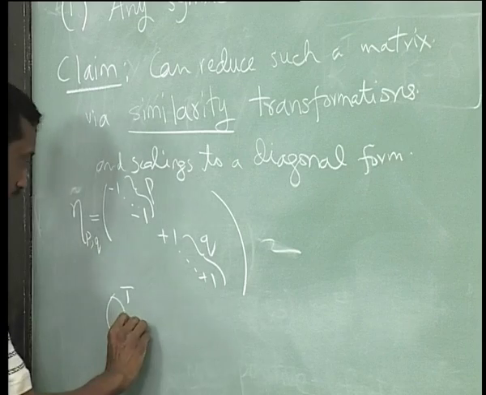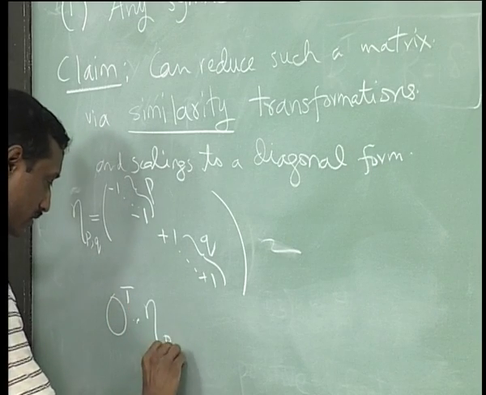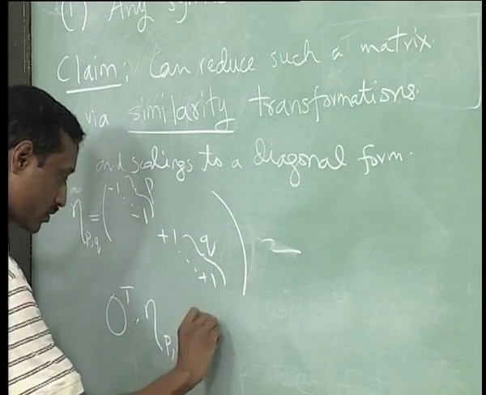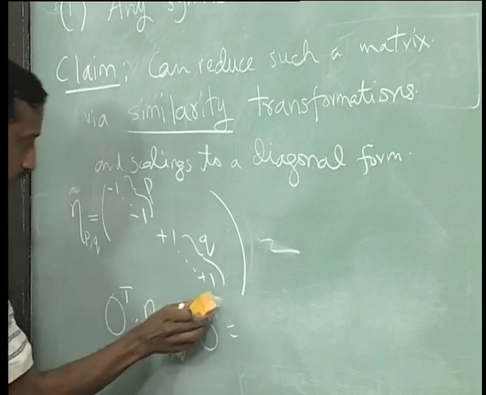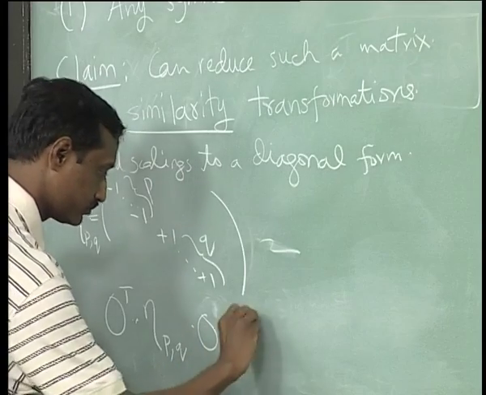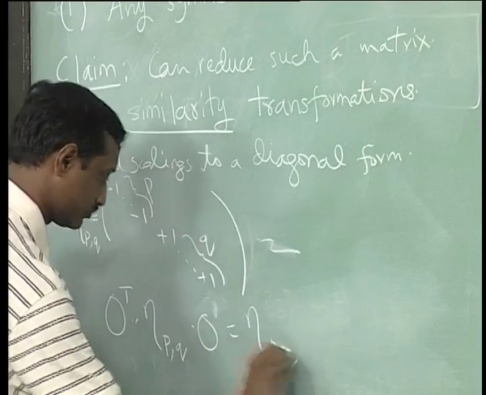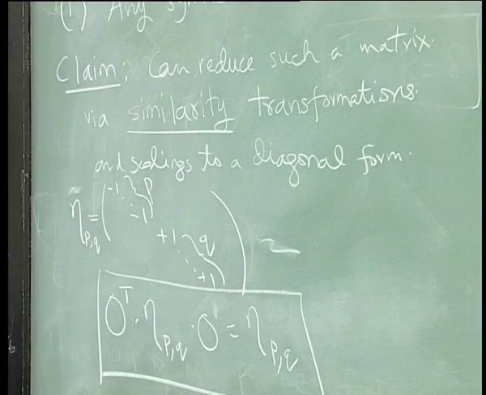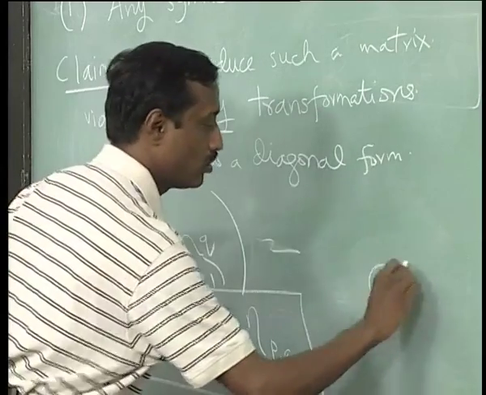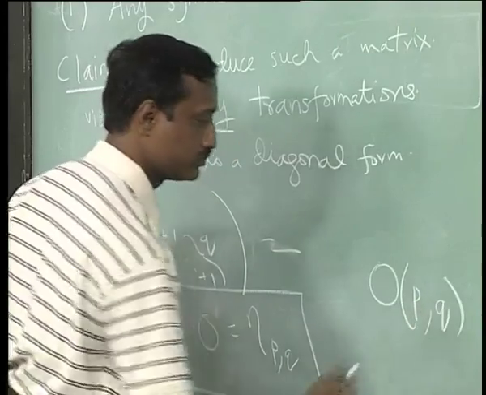Any O transpose eta pq O equal to eta pq will give you the group O(p,q).